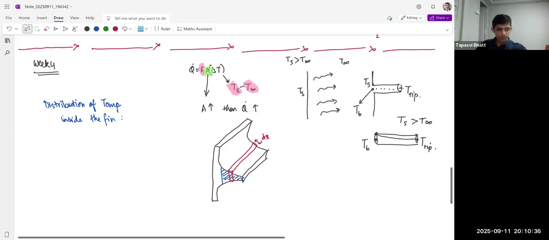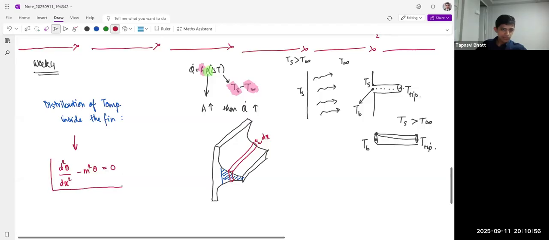So essentially the equation which finally comes out for distribution of temperature inside the fin is d square theta over dx square minus m square theta equals 0.